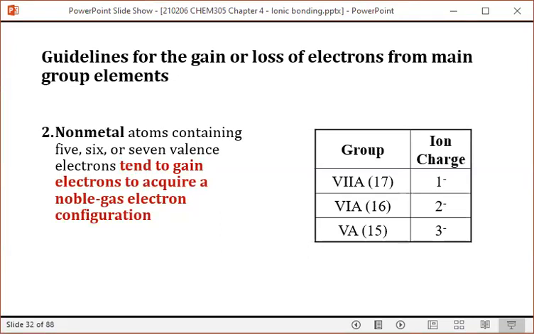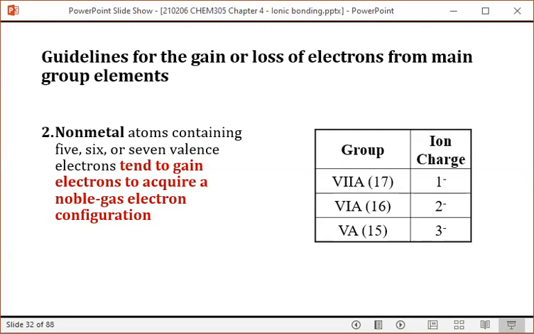For nonmetals, they tend to contain 5, 6, or 7 valence electrons. So starting from nitrogen, oxygen, fluorine, they tend to gain electrons to get to the closest noble gas-like configuration.